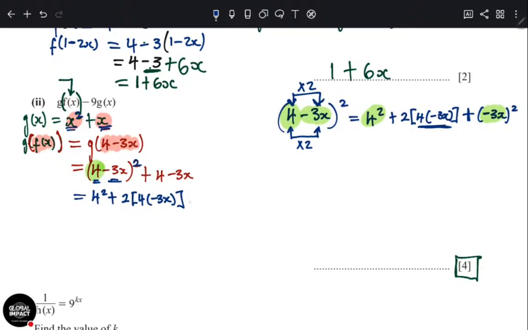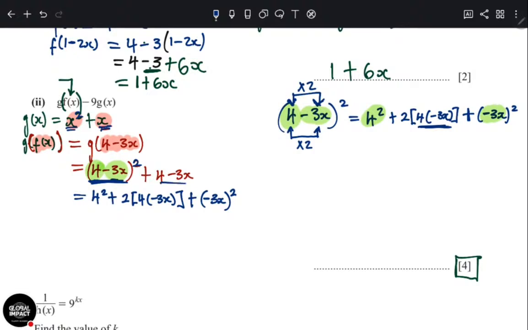Then we are now going to say plus, we square the last term. Don't forget to square the last term. Plus, you now say negative 3x all squared, okay? We square the first term and we square the last term. And then we are supposed to double. You multiply them together and double the answer. So we have done this part now. We have expanded well. That's how you expand, okay?